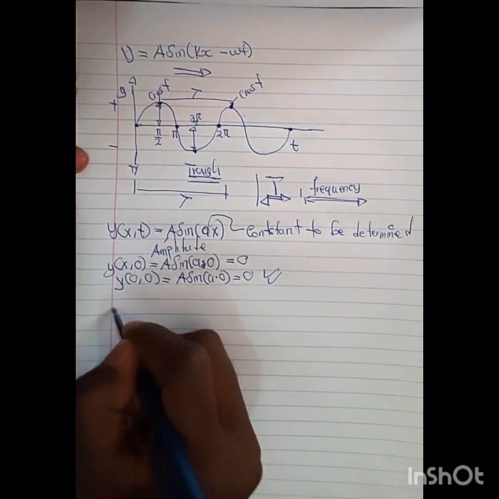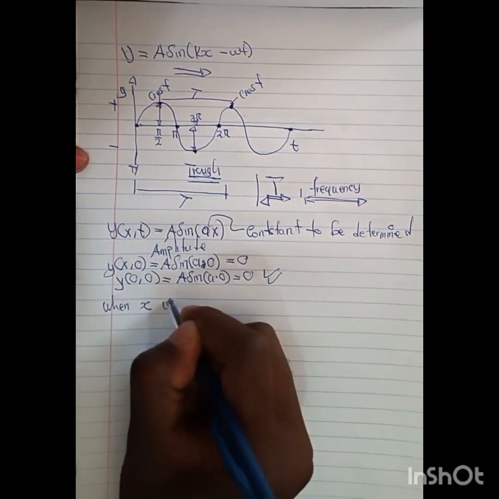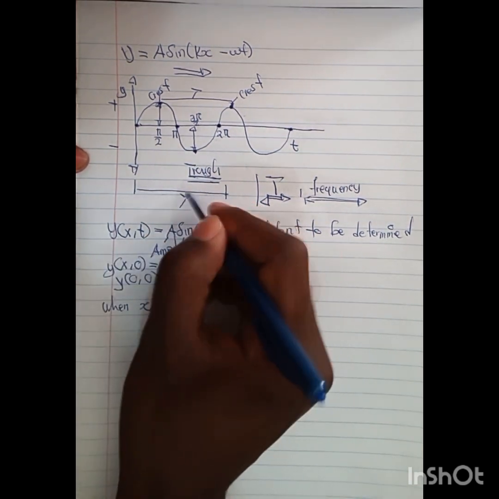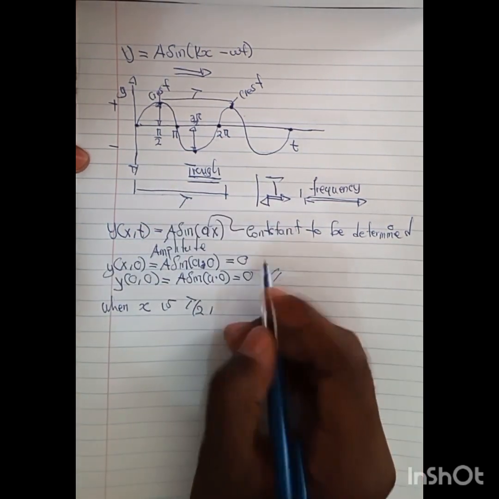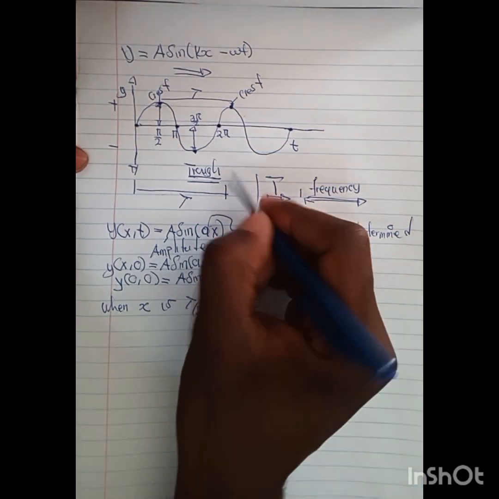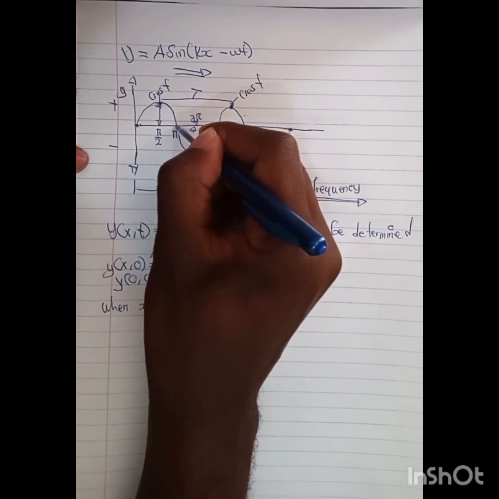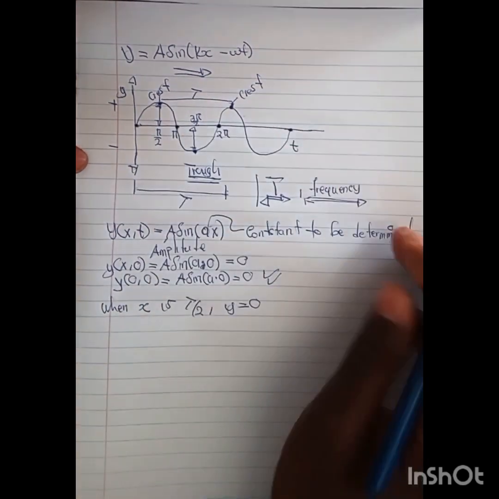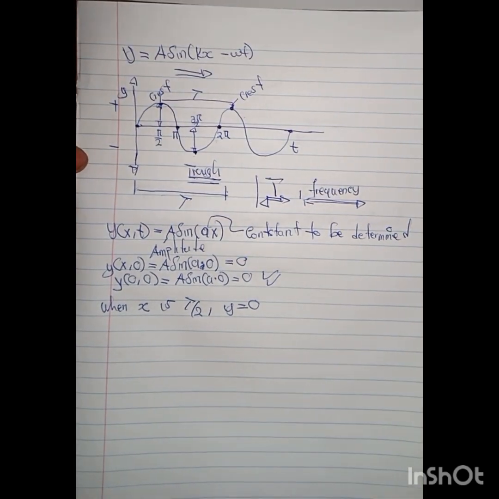So the second point, when x is lambda, this is lambda over 2, the value of y has to be equal to 0. This point from here to here divided by 2, we go back to this point of pi in radians. All right.